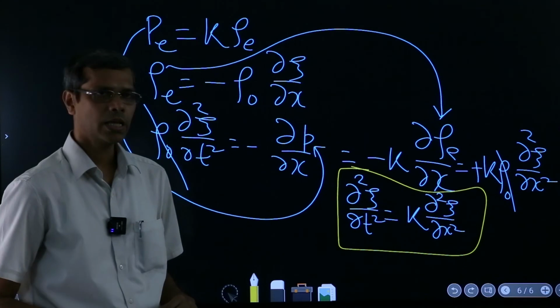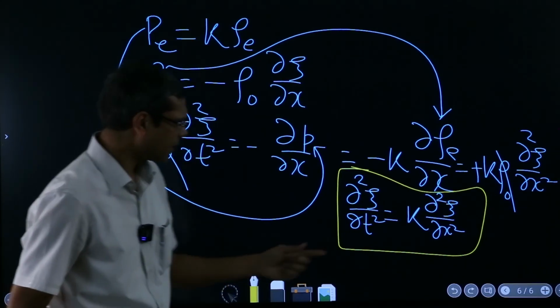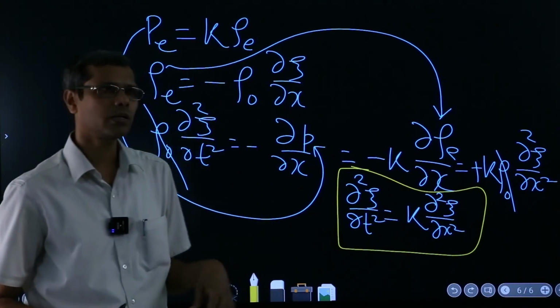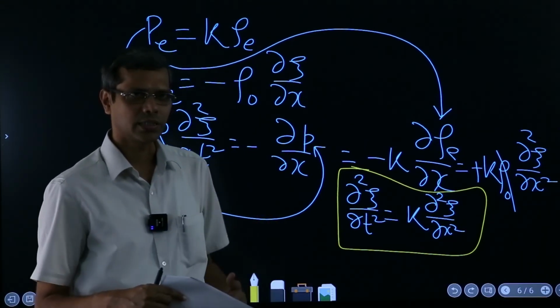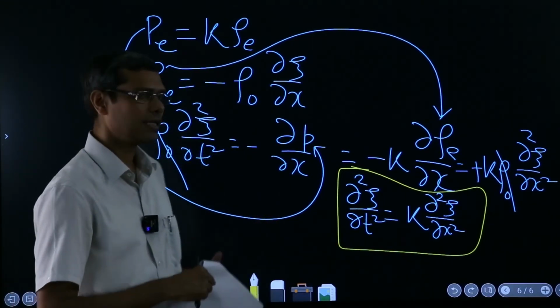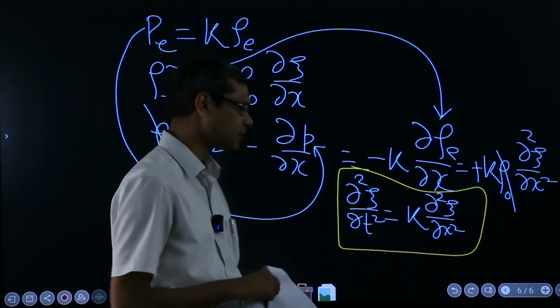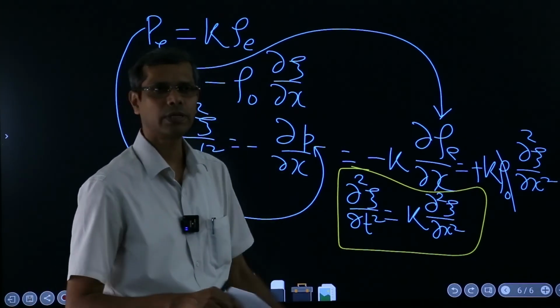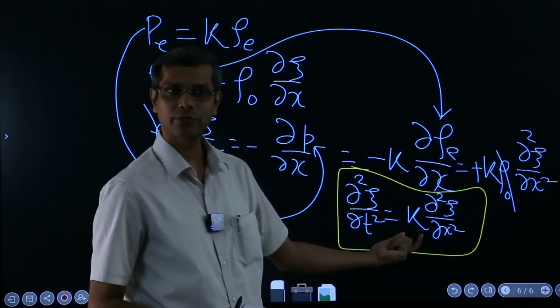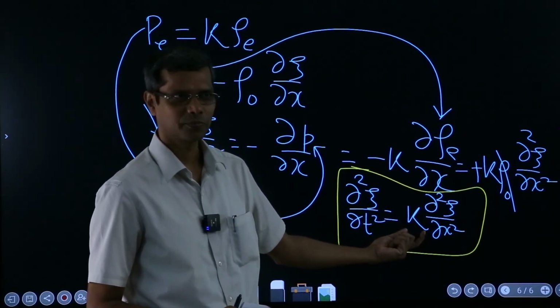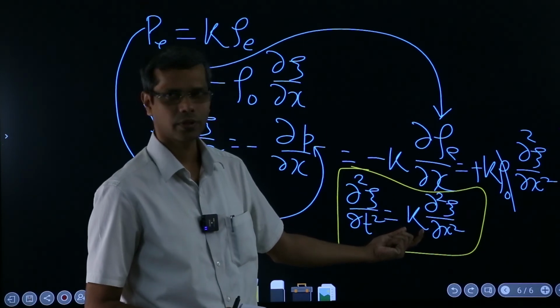And if you remember, this constant was nothing but how pressure changes with respect to density. If you increase the density, obviously the pressure will change, or the other way around, if you increase the pressure, the density will also increase. So it will always be a positive quantity, right?